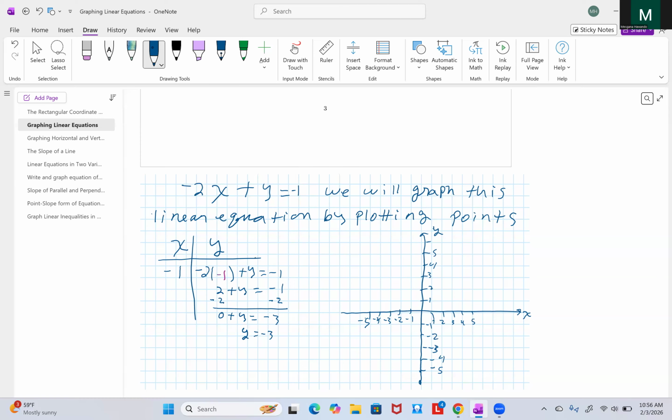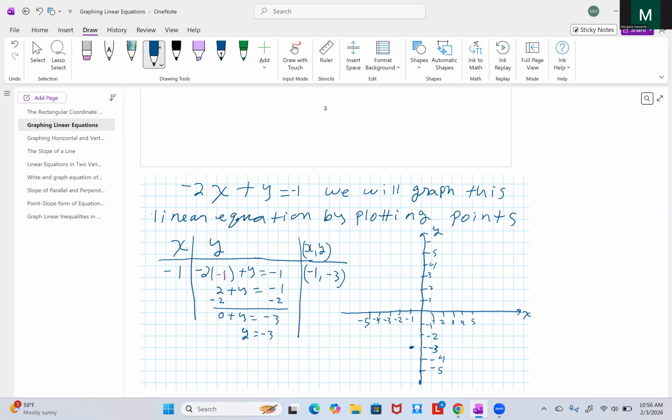The ordered pair we are looking for is x comma y, where x is -1 and y is -3. So we can put this point on the rectangular coordinate system: -1, comma, -3, which is this point here.